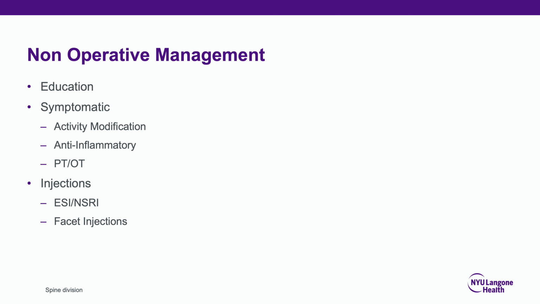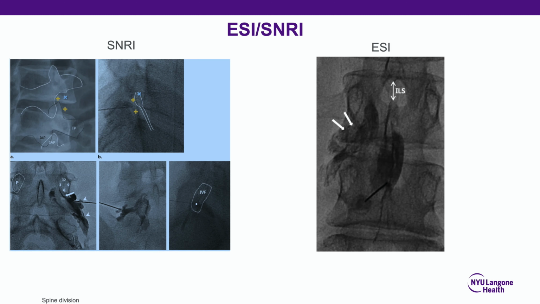When we talk about non-operative treatment, we should talk about education, about symptomatic treatment like activity modification, anti-inflammatories, physical therapy, and injections. Now we're going to talk about different injections. The two most commonly used injections are epidural spinal injections and selective nerve root blocks.